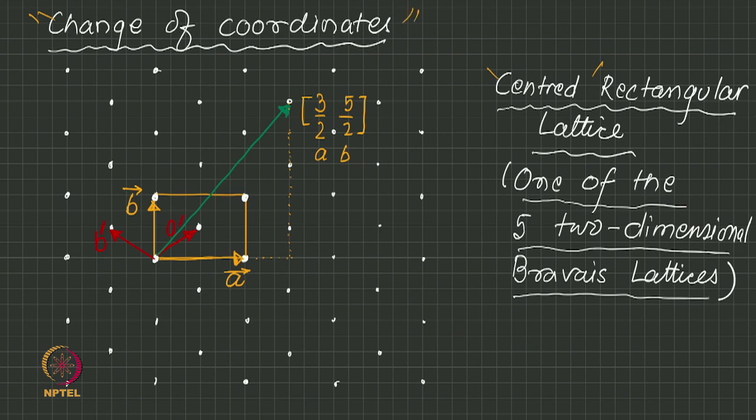I want to represent this green vector now not in the A B coordinate system, but in the A prime B prime coordinate system. So, how do we do that? We will come back to that. The way to do that is to set up a coordinate transformation matrix.